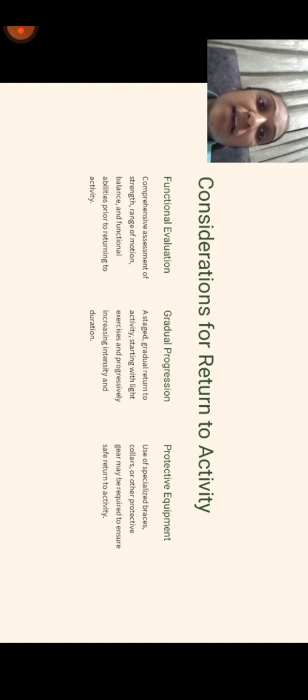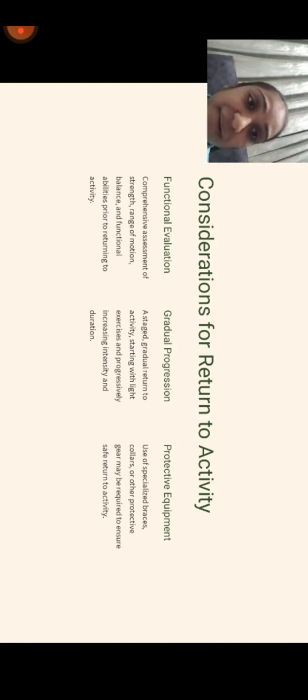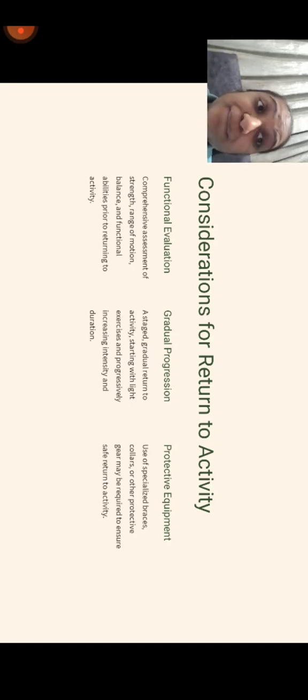Gradual progression: gradual return to activity, starting with light exercise and progressively increasing intensity and duration. Protective equipment: use of specialized braces, collars or other protective gear may be required to ensure safe return to activity.